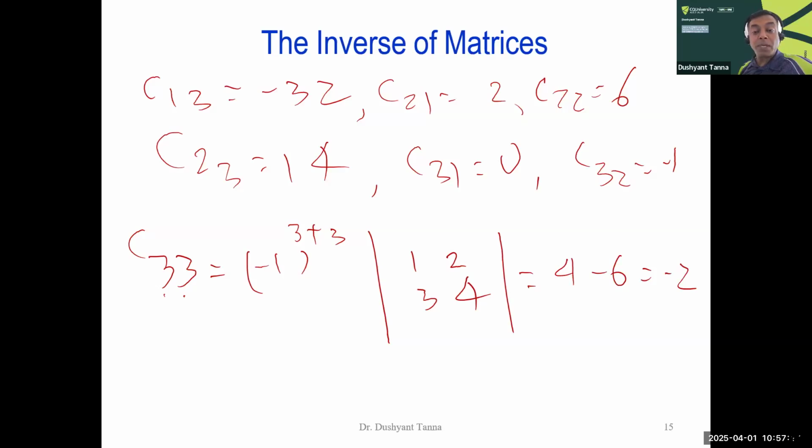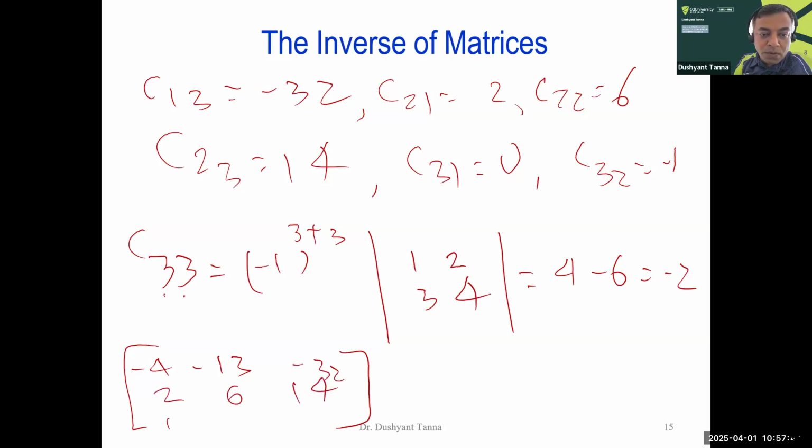What is the next step? We are talking about adjoint. What is adjoint? It is the transpose of the cofactor matrix. So we put the transpose back. So what are the transpose? The transpose are minus 4, minus 13, minus 32, 2, 6, 14, 0, minus 1, minus 2.